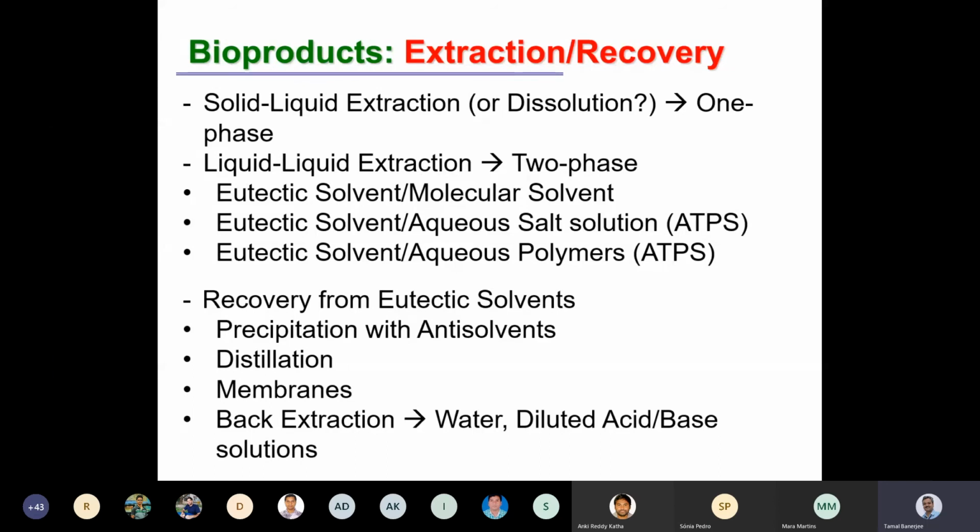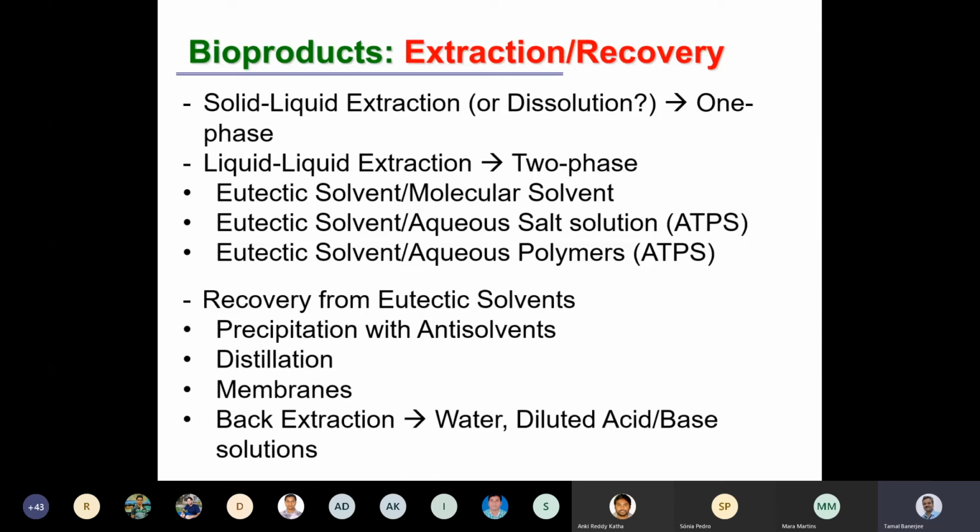Or we have ATPS, aqueous two-phase systems. So you have two hydrophilic phases, but with a little difference in hydration, from the salts and polymers, you can make two phases.